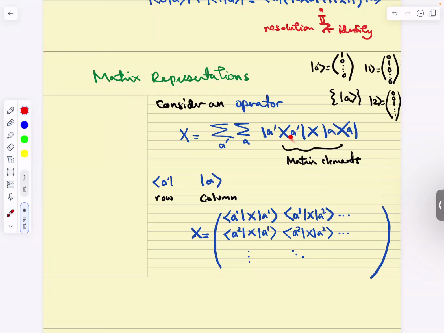This is a matrix element, and I'm just summing them one by one. Let me pause here and see if this idea is clear. So the matrix elements correspond to taking the bracket between A prime and A in some basis that is orthonormal.